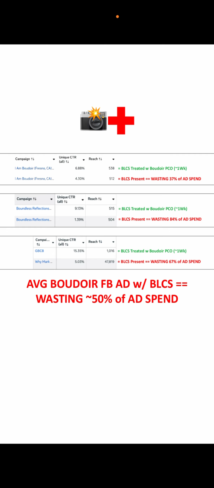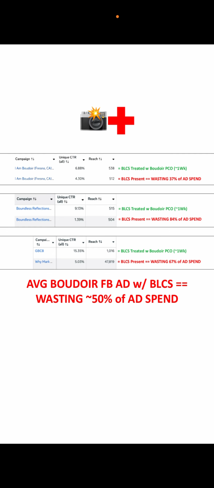So we found out that 84% of ad spend every day, every month was being wasted. So if they're spending 10 grand a month on Boudoir Facebook ads, they can literally decrease their ad spend by 8,400 bucks a month, pocket that, saving 100 grand, only spend 1,600 bucks a month, and get their ad into the same number of women's brains as the old ad.